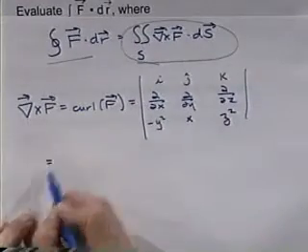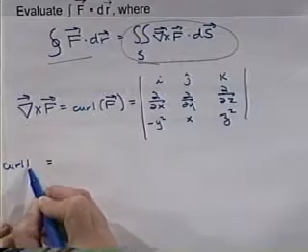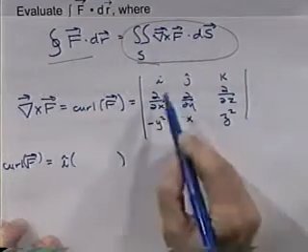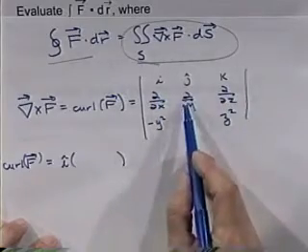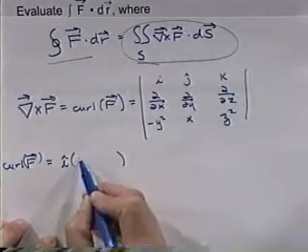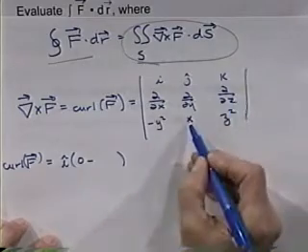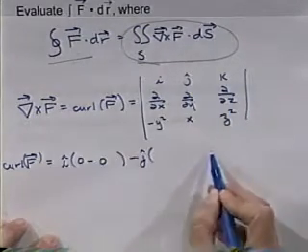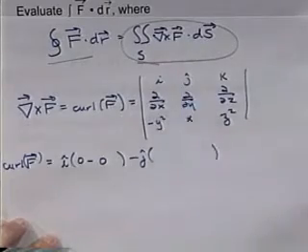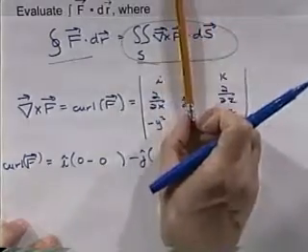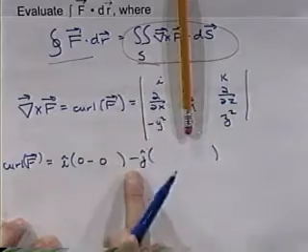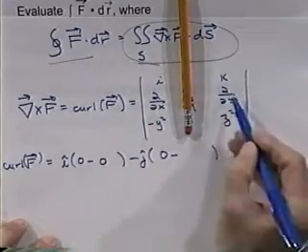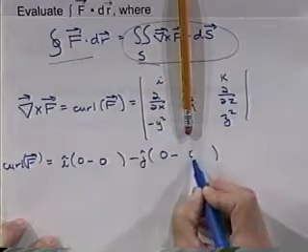Let's see. The curl of f is going to equal i times, eliminate the row and column that i is in, the partial with respect to y of z squared, which is 0, minus the partial with respect to z of x, which is 0. Minus j times, eliminate row and column that j is in, the partial with respect to x of z squared is 0, minus partial with respect to z of minus y squared is 0.